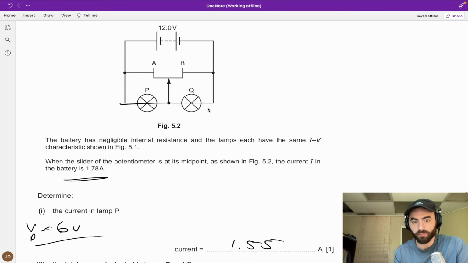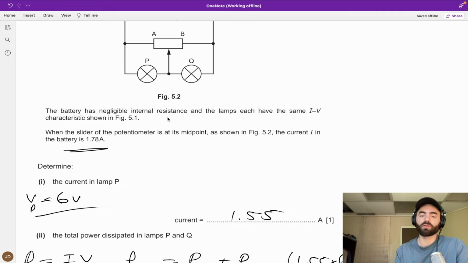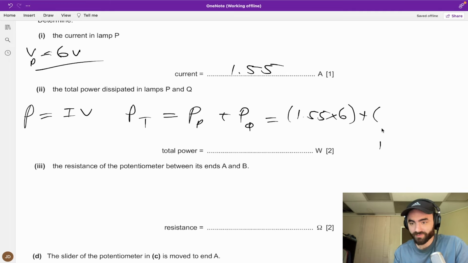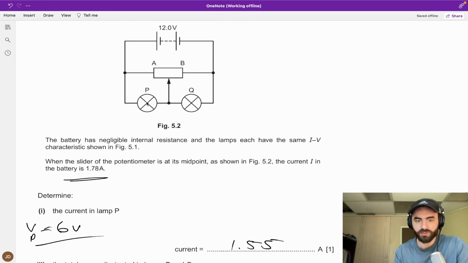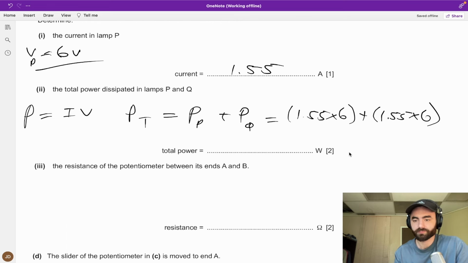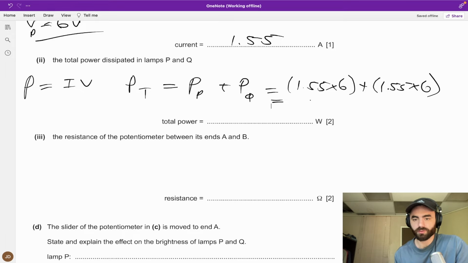If the current flowing through P is 1.55, then the current flowing through Q is 1.55, times 6 volts as well. This is dividing up the voltage, 6 volts here, 6 volts here. That gives 18.6 watts, so 19 watts.